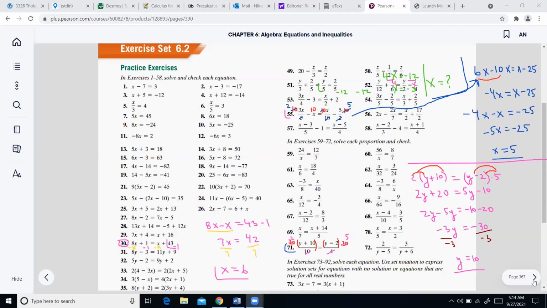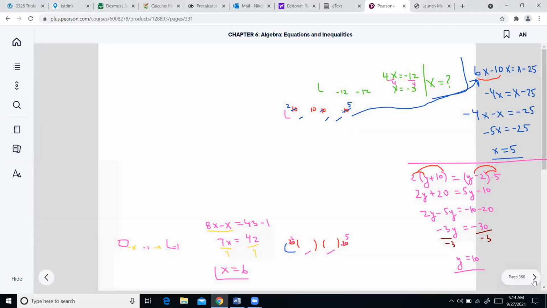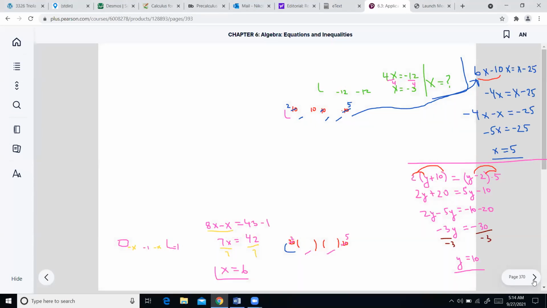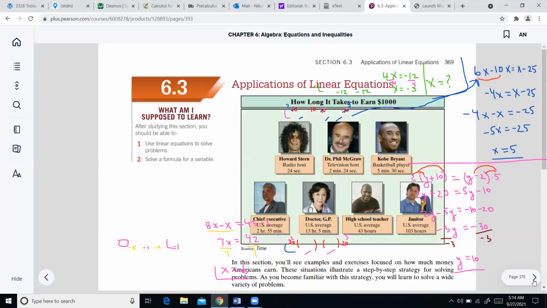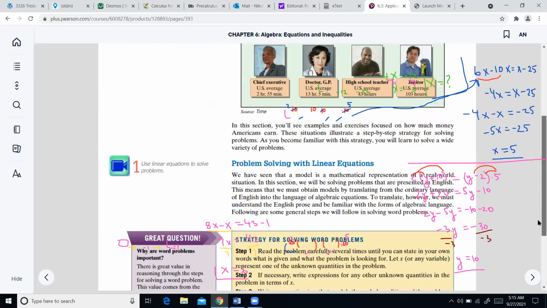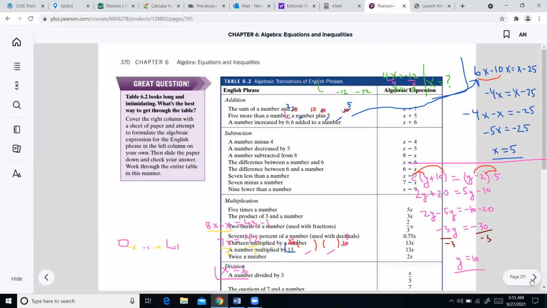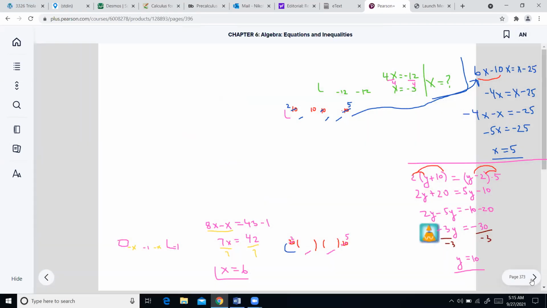So I'm going to move to the next section, 6.3. And we're going to see more equations. Actually, those are so-called applications of equations, the ones that we use for solving word problems. So let us see where we utilize those equations.